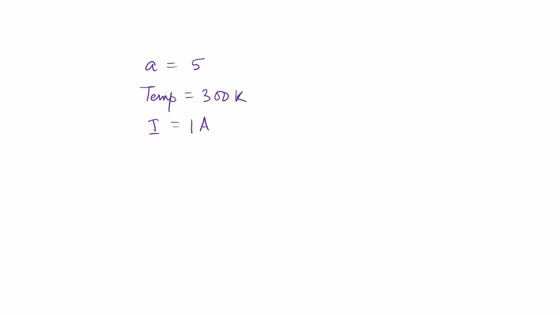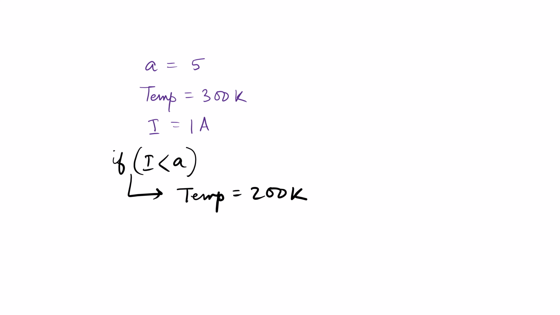Now we will write a conditional statement, let's say, if I is less than a, then temperature will be 200 Kelvin, else temperature will be 300 Kelvin.